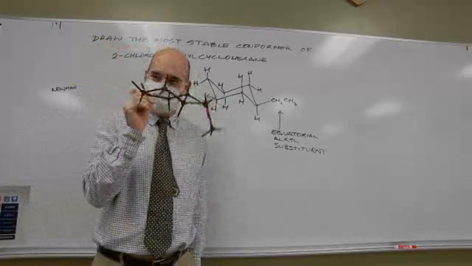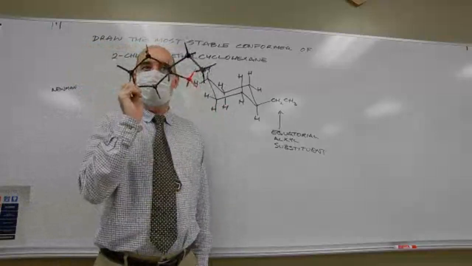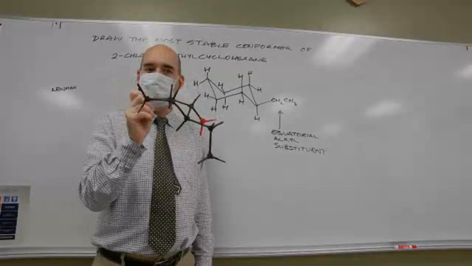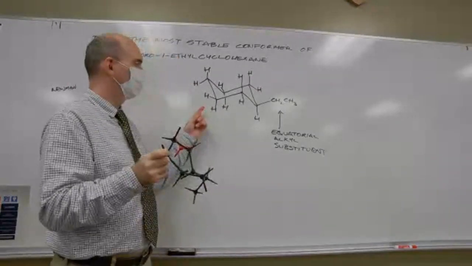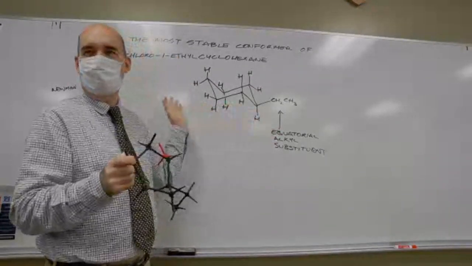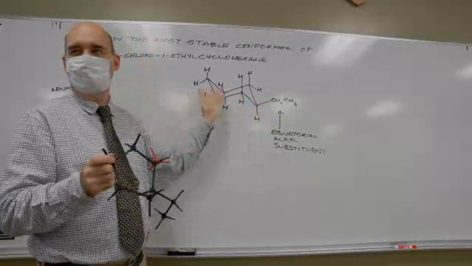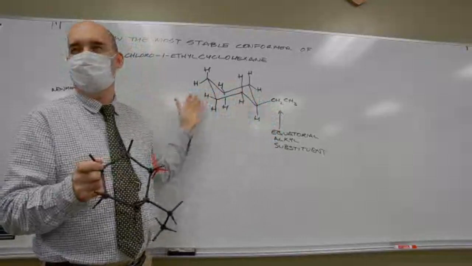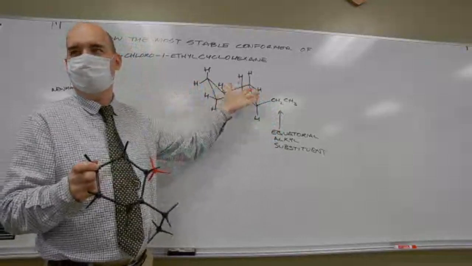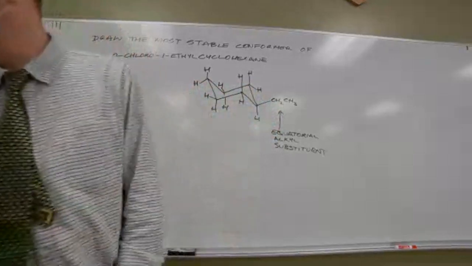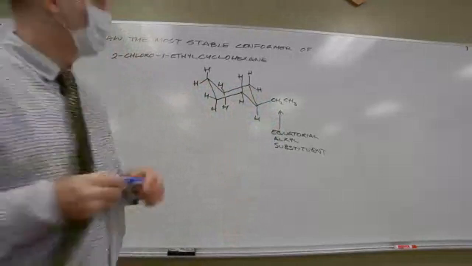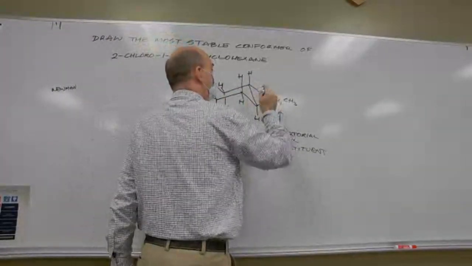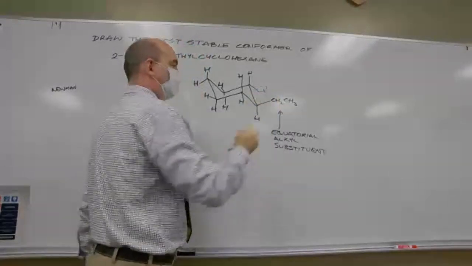No. This is the best answer. So we have to sketch this, and then we have to come up with another way of representing it, because after you see a couple of dozen of these drawn by students, you say, oh, please, just make this simple, because they're not clear. Okay, so our chlorine goes here.